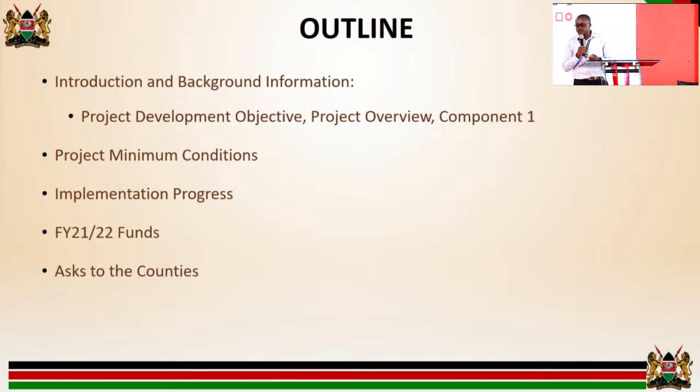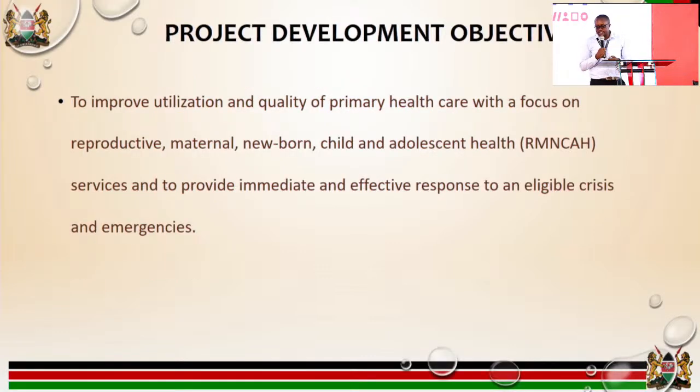We'll also look at the project minimum conditions, which of course need to be followed by the counties to be eligible for funding. We look at a brief status on the implementation progress, and something on the FY 21-22 funds. I know that will bring some issues in the room, and also some asks to the counties that will need you to take home as you go back to your respective counties.